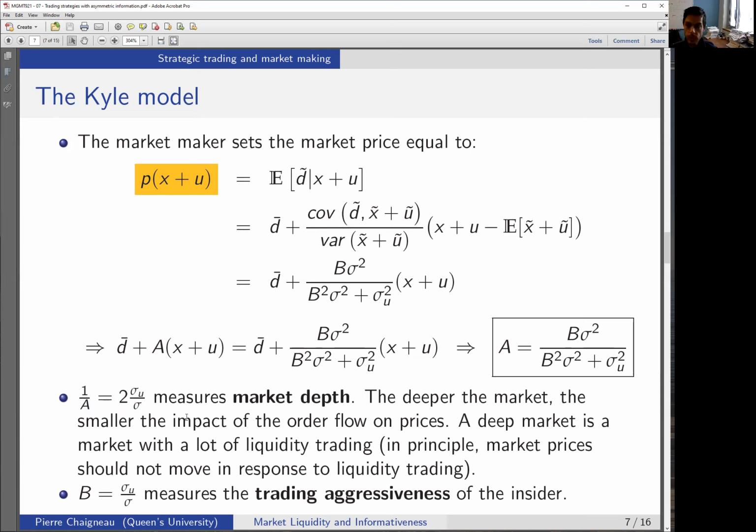And why is that? Well, it's pretty straightforward. In principle, liquidity trades are not informative about the fundamental value of the asset, and so they should not move market prices. So it makes sense that when there are more liquidity trades, market prices are going to be less sensitive to trades.